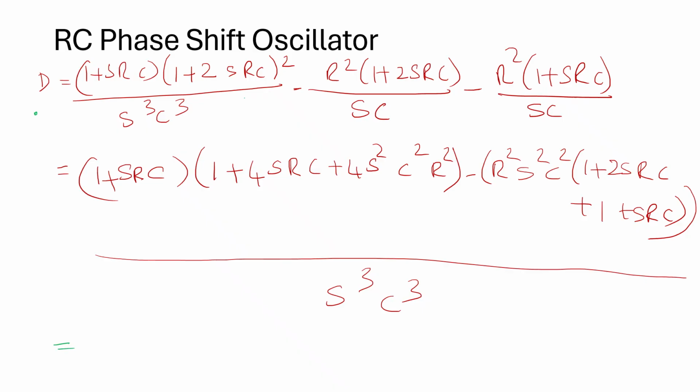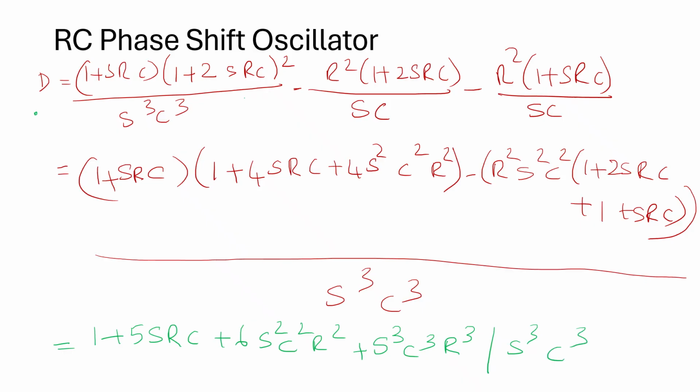On simplifying this, we will be getting 1 plus 5SRC plus 6S squared C square R square plus S cube C cube R cube, divided by S cube C cube.